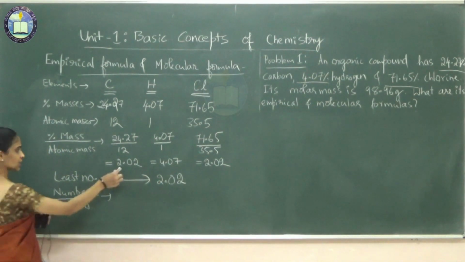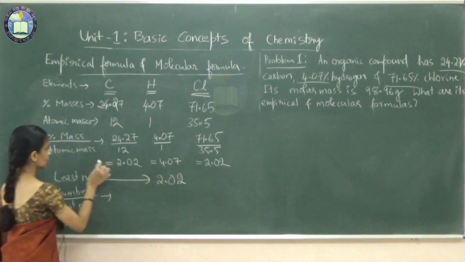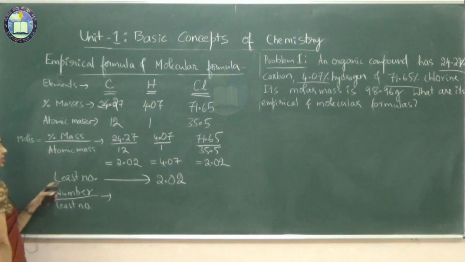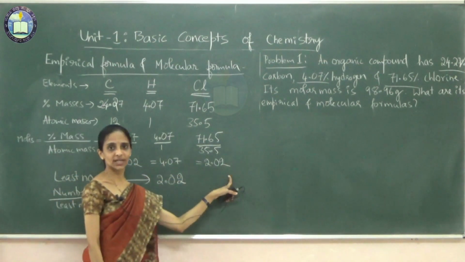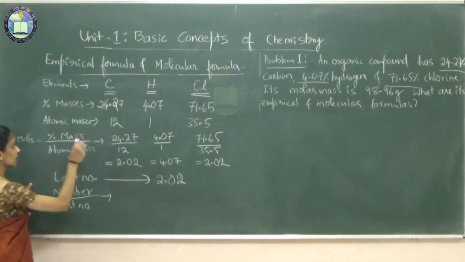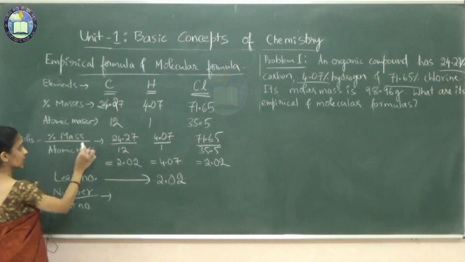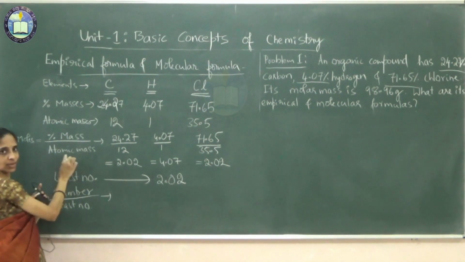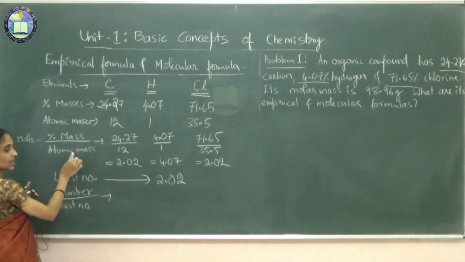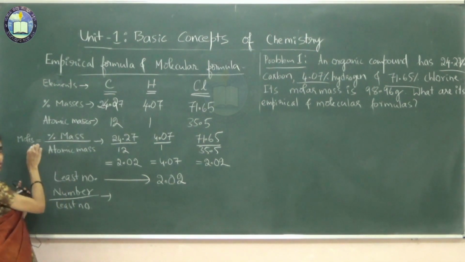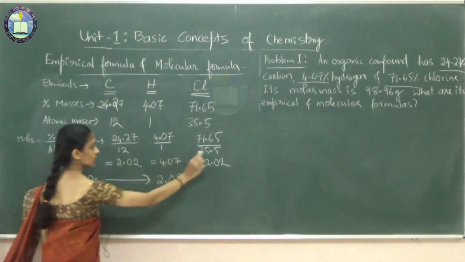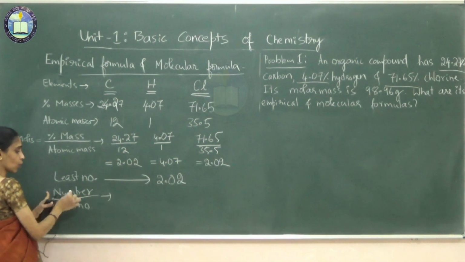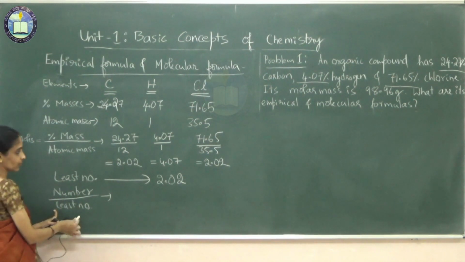Actually, these numbers are nothing but moles. The numbers that you have got here are moles, because you are dividing the percentage mass by atomic mass. Total mass by atomic mass will give you moles. So what are these numbers? They are nothing but moles. You can even write here moles by least number, no problem.